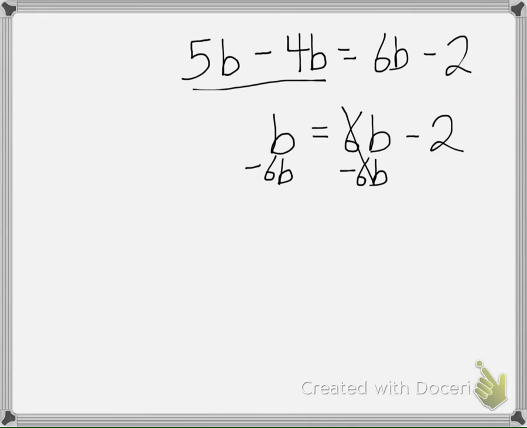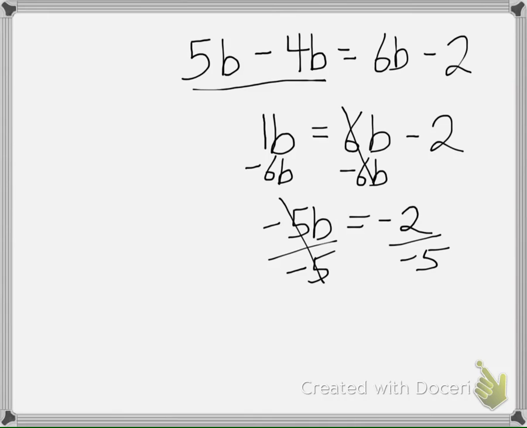That cancels. Now here it's important to remember, again, that b is 1b. So 1b minus 6b is negative 5b. And then we get -2 over here. And then my last step to solve is to divide by -5 on both sides. So I get b equals, and a negative divided by a negative makes it positive, 2/5.